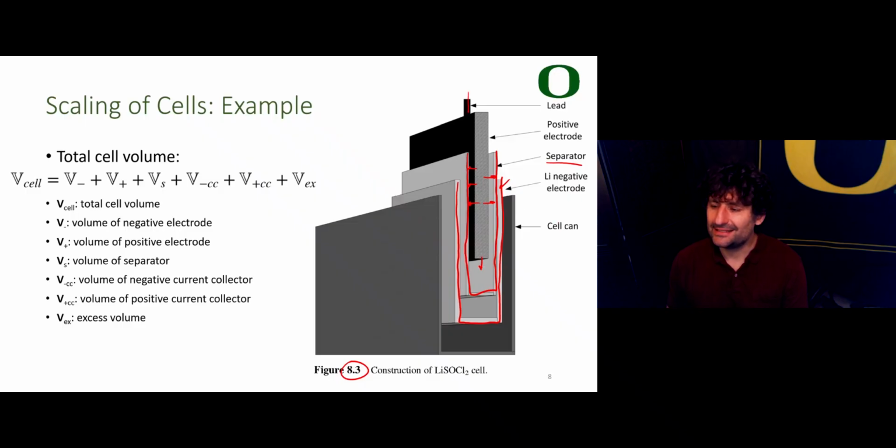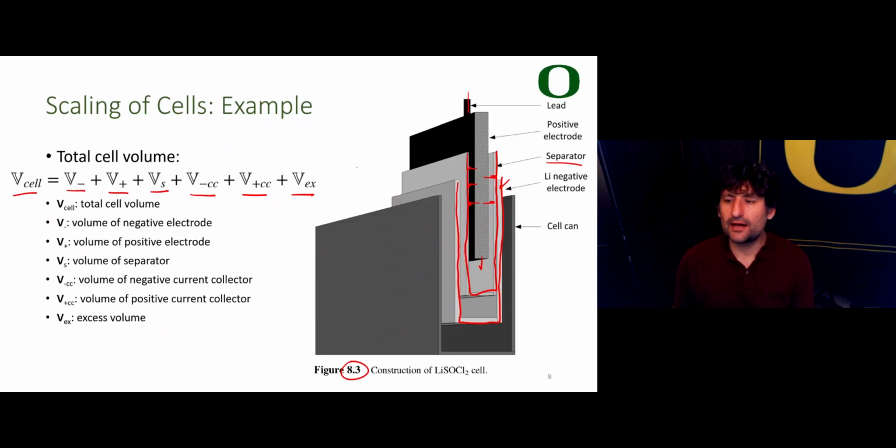The whole thing is encased in a cell can that's typically made out of some non-reactive metal, like in this case copper. We can write the total volume of the cell as the volume of the negative electrode plus the volume of the positive electrode plus the volume of the separator plus the volume of the negative current collector, which is essentially the can, plus the volume of the positive current collector, plus any excess volume that's needed to make sure you can have safe operation.